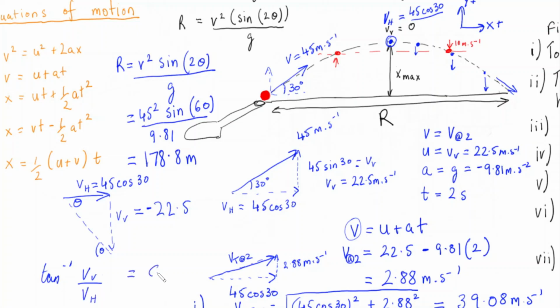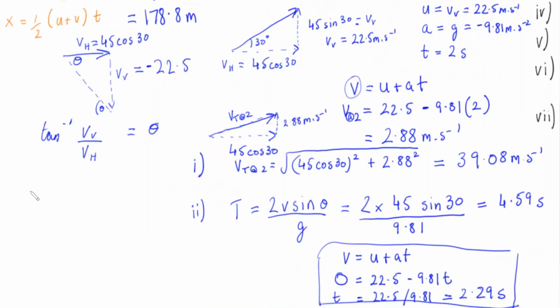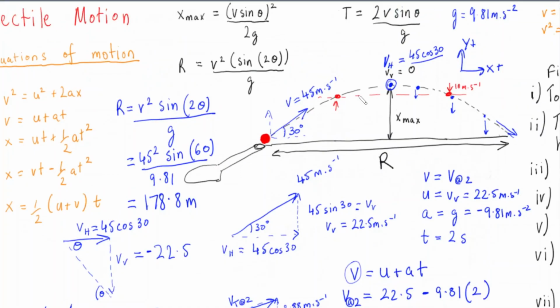And remember, we're just concerned about the magnitude here, not so much the direction, because this is just a scalar quantity. So 22.5 divided by 45 cos 30, and that'll give us, surprise, surprise, an angle of 30 degrees. Which makes sense, because we've got a flight path that is entirely symmetrical.